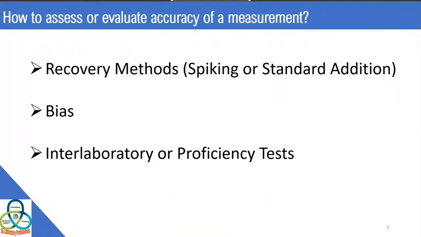The second one is bias or certified reference material, where you can see how different your actual value is from the certified value. The third is proficiency testing, where you are being assessed by a third party.